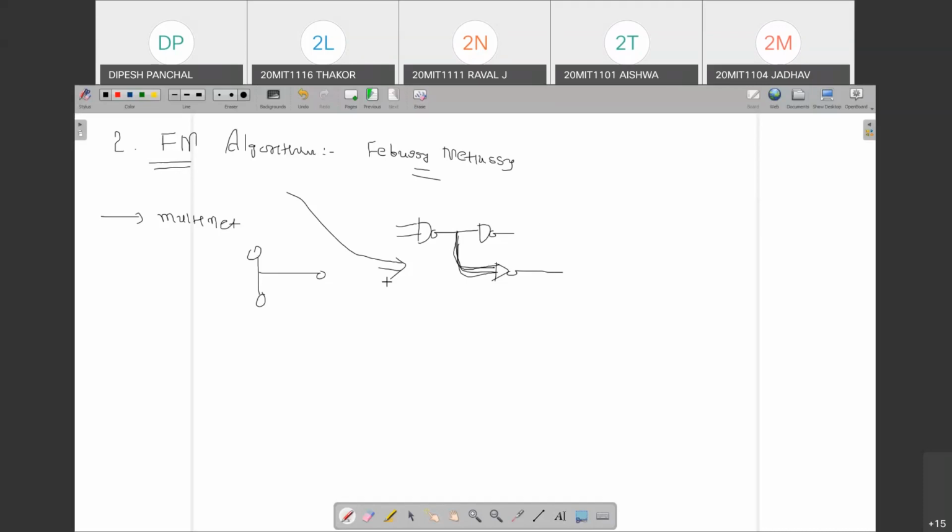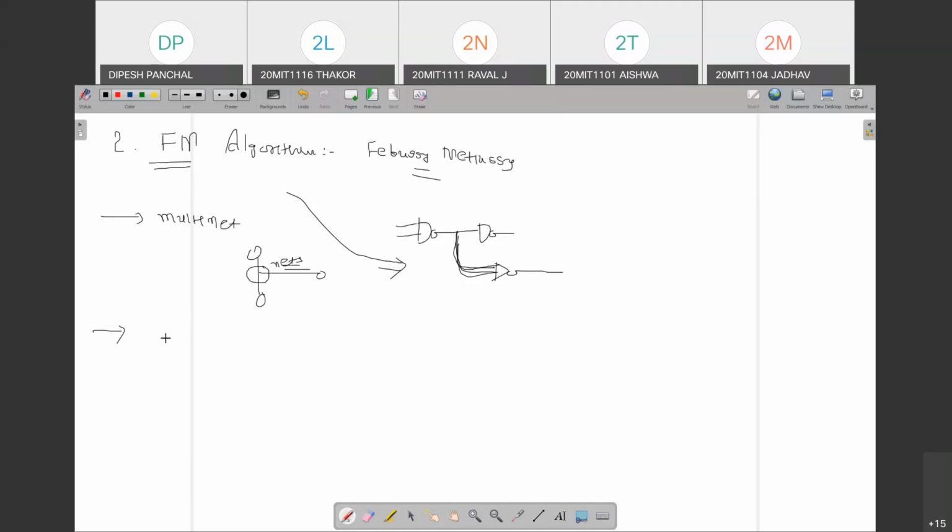But here, this algorithm works for net reduction. The number of nets is reduced between two partitions. So that we are going to check with this FM algorithm. That is the first feature of this algorithm. It will work on nets, while the KL algorithm works only on the edges.